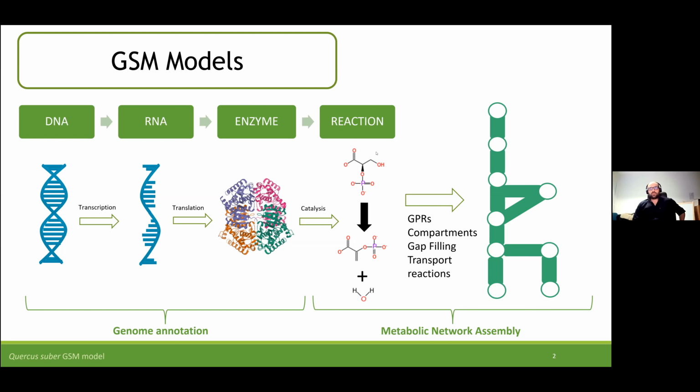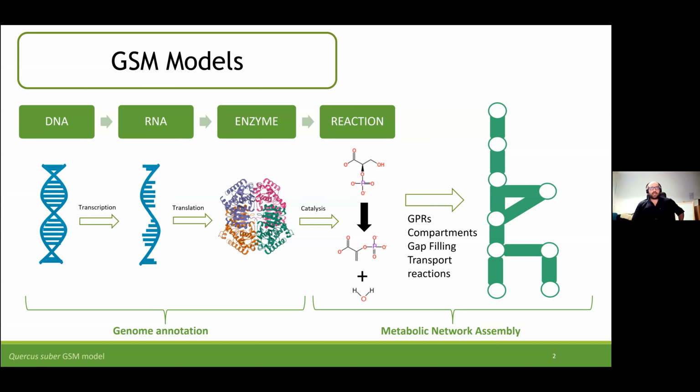Then, when we have this set of reactions, we have to identify all gene-protein reaction rules, and the compartments in which these reactions take place. We might have to perform some gap-filling steps in which we try to identify which reactions are missing from a given pathway. And finally, we have to include also the transport reactions so that we can provide the model with everything it needs to be able to perform a simulation.